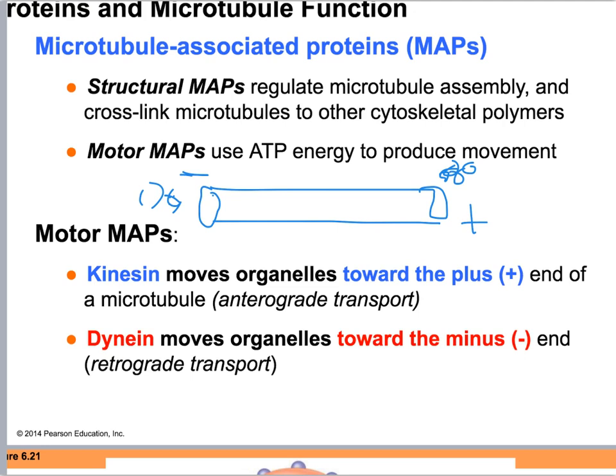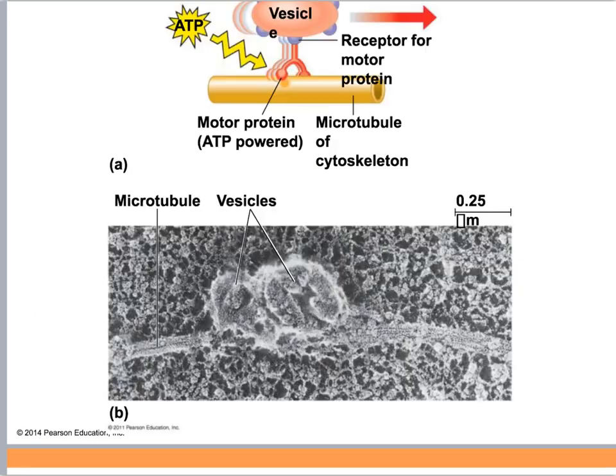Kinesin is this motor MAP that's going to attach to the microtubule, and it's going to move things towards the plus end. I always remember that because I think the letter K looks more like a plus. Dynein, on the other hand, is a motor MAP that's going to move material towards the minus end of the microtubule. Here is a picture showing this. There's a small membrane-bound vesicle that we see right here at the top of your screen.